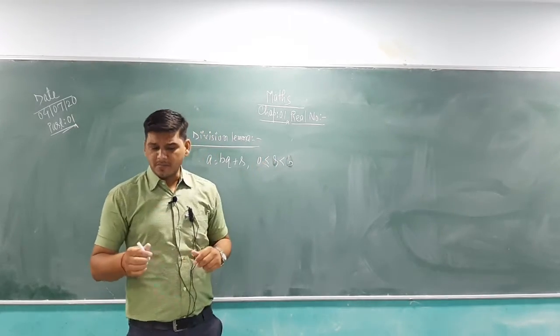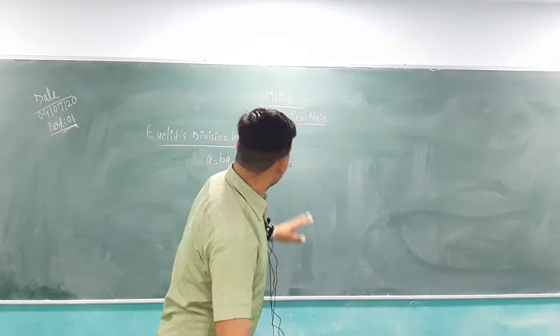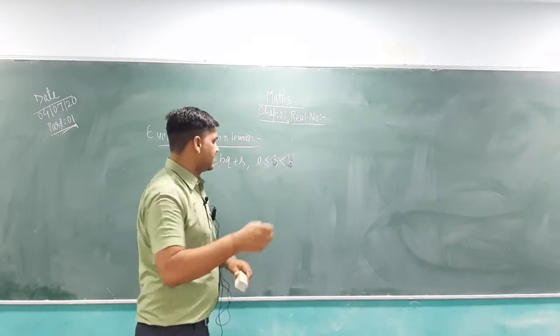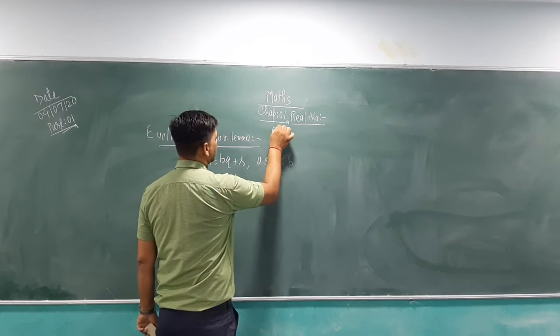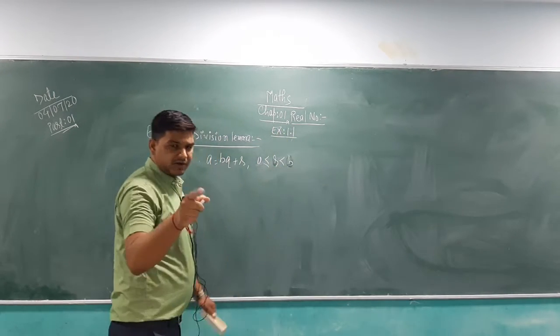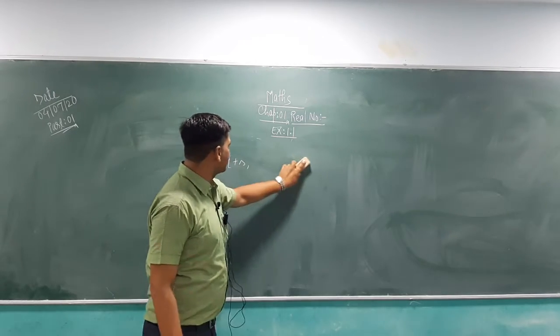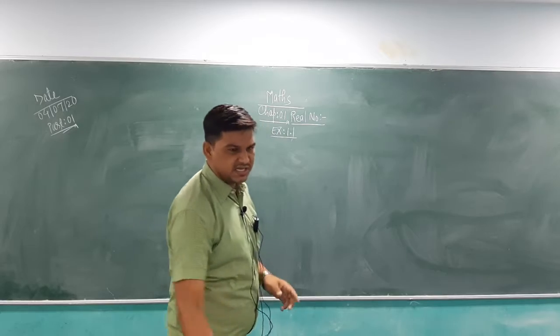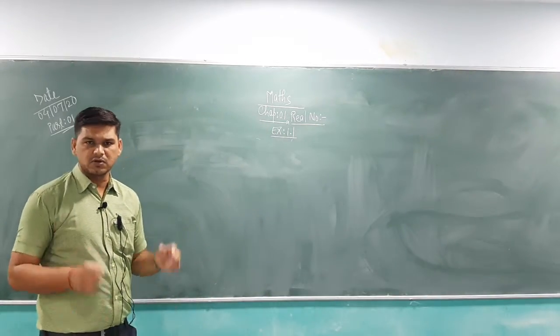In exercise 1.1, we have to use how we can find the HCF of two numbers. If you see exercise 1.1 in your textbook, there are questions on the Euclid's division algorithm.